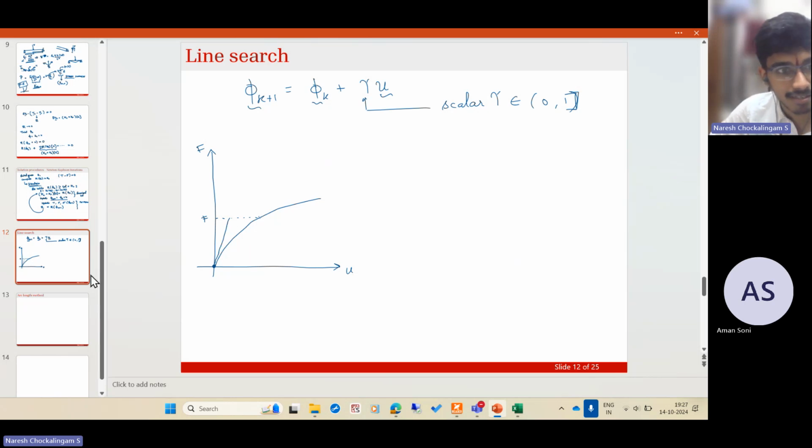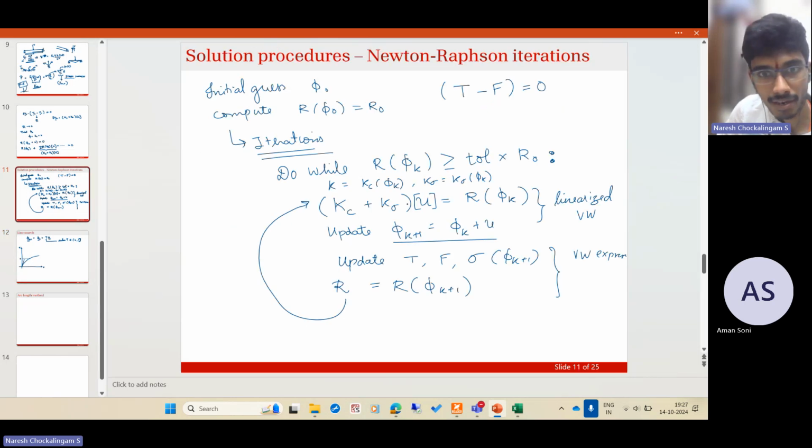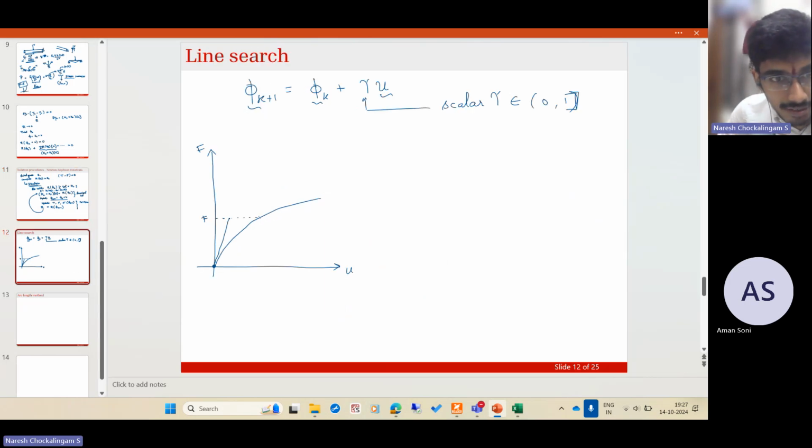We draw a tangent, and then we start with that phi, drop a tangent, and then find the force residual. So with this tangent, this point will be a force residual.